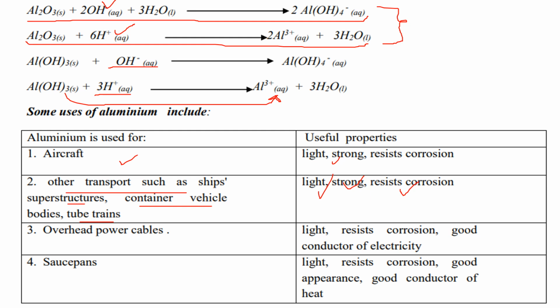We have also seen that it can be used for overhead power cables, for being light, resistant to corrosion, and also good conductivity of electricity. Aluminium can also be used to make saucepans, like some of you have saucepans made of aluminium at home.